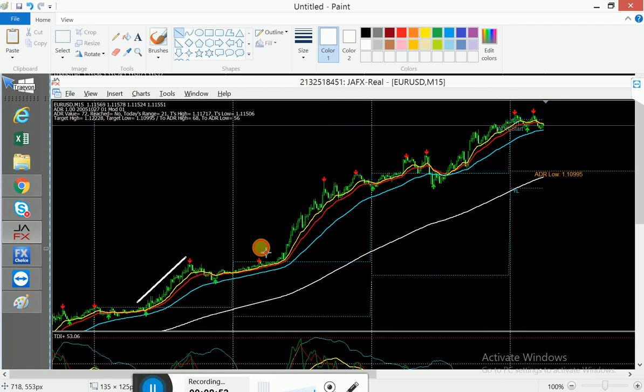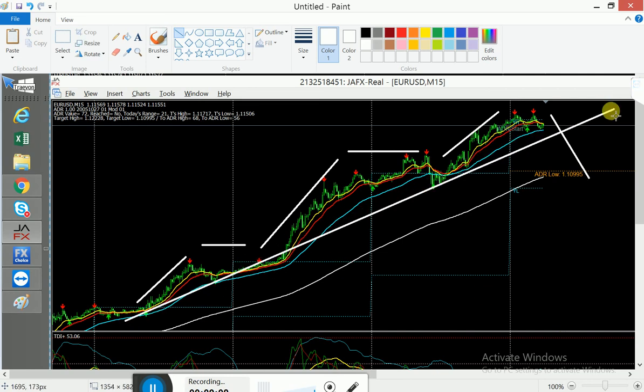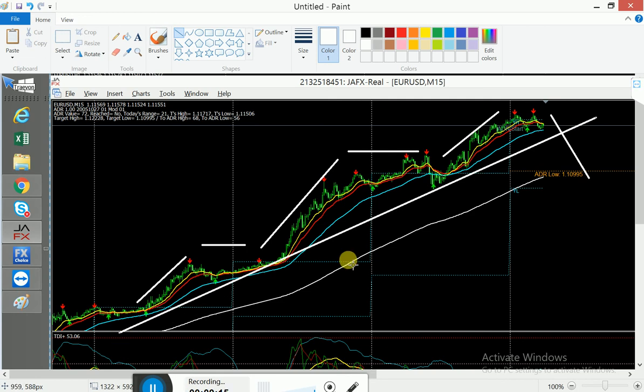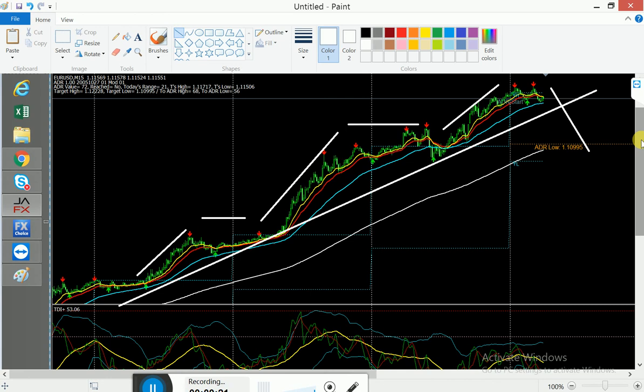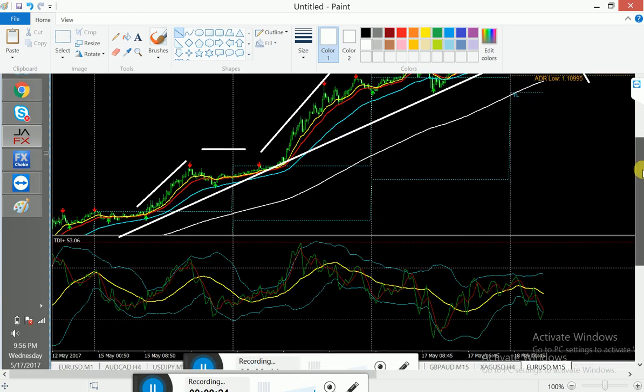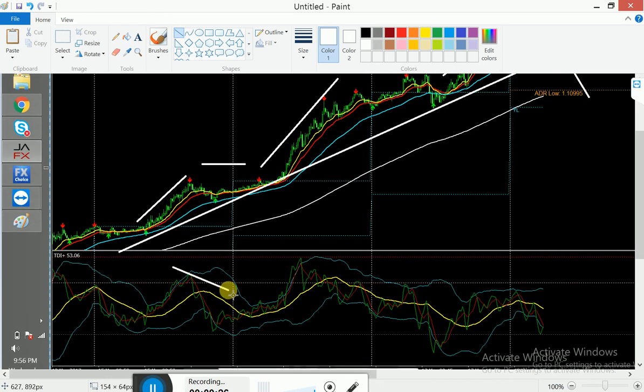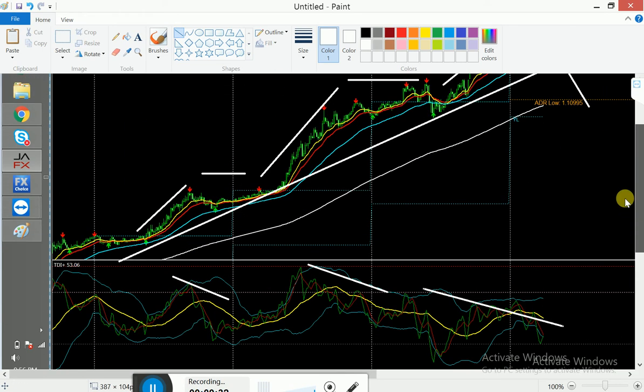Monday, Tuesday, Wednesday. Also, look at the TDI. Divergence.